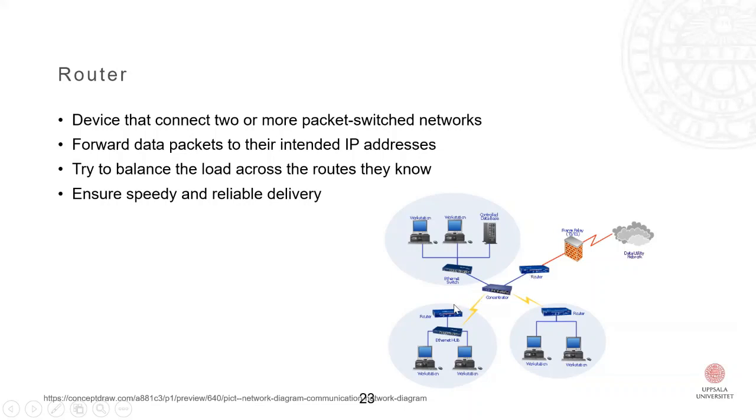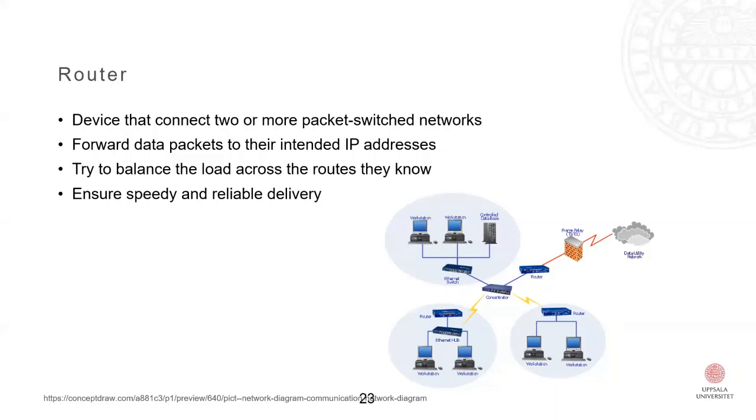And besides sending messages, routers try to balance the load across the routes they know, because a router might be connected to several different routes. We saw that for a message, maybe several different routes might be possible for it to get to its destination.